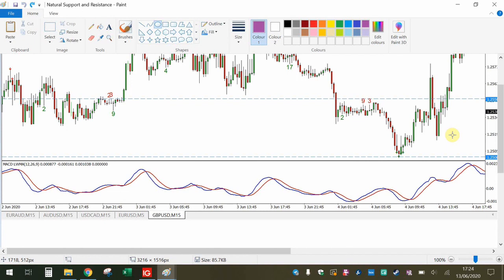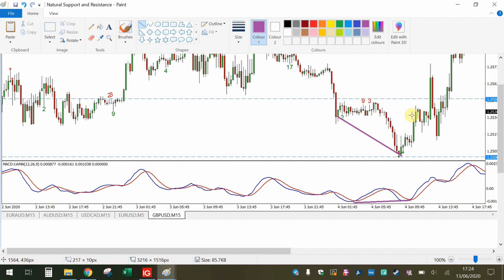The bit I'm looking at now is: is there any divergence? The good thing is, as hopefully you can see, we have price making lower lows and the indicator making higher lows. That is disagreement between price and the oscillator, and that is regular bullish divergence.